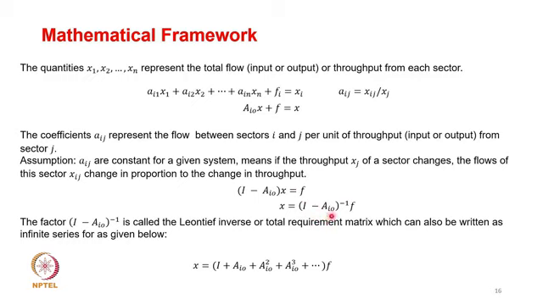This particular factor is known as the Leontief inverse or total requirement matrix, which can also be represented as a power series. It has the structure of a plus b raised to minus 1, so you can expand it as the identity matrix I, plus A, plus A squared, and so on and so forth. You can write it as an infinite series, and you may truncate at any point that you would like to.